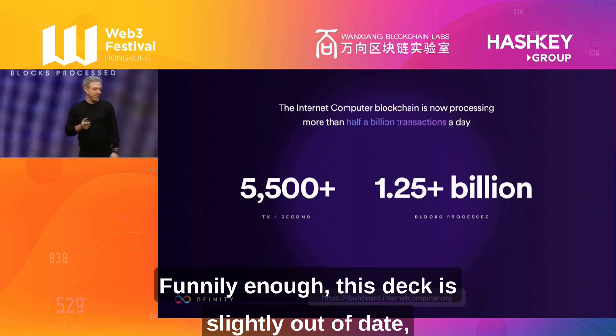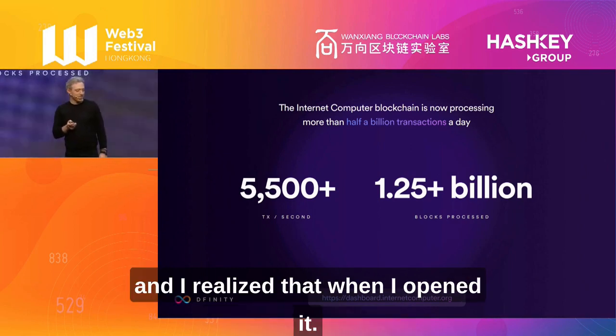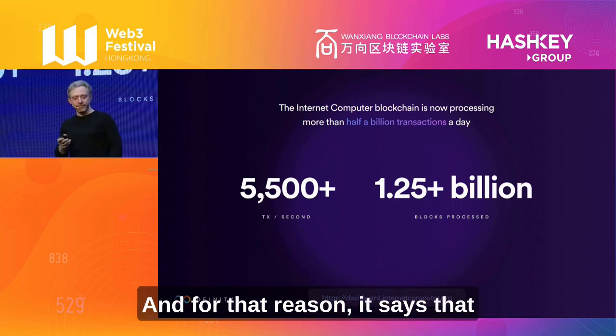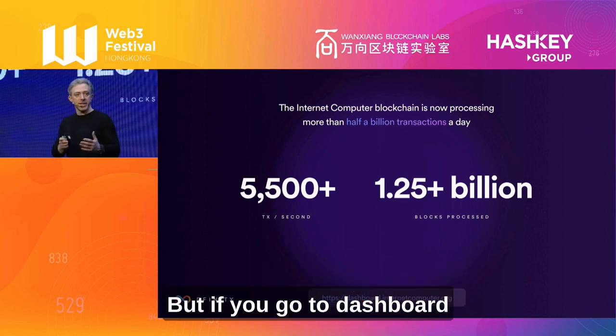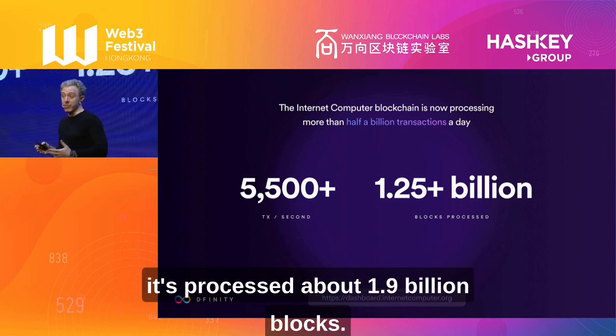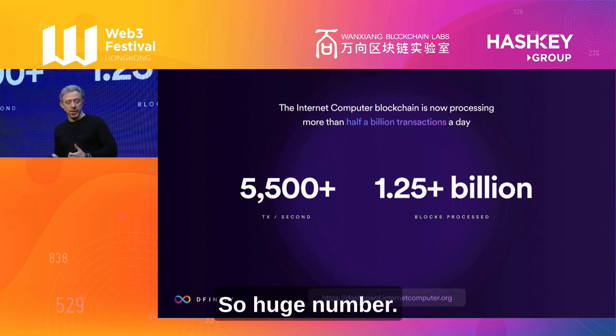You're probably guessing this is a Web3 chain. Funnily enough, this deck is slightly out of date, and I realized that when I opened it. It says that the blockchain has processed 1.25 billion blocks. But if you go to dashboard.internetcomputer.org, you can see that today it's processed about 1.9 billion blocks. A huge number.